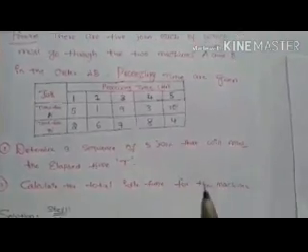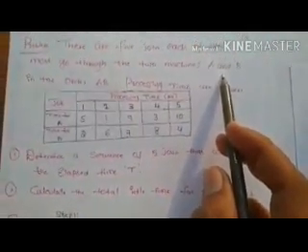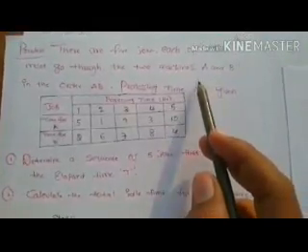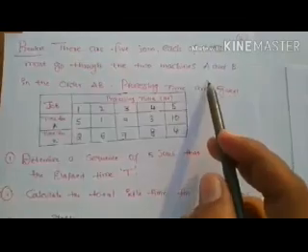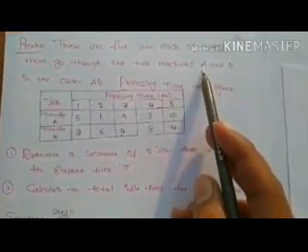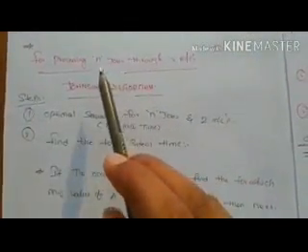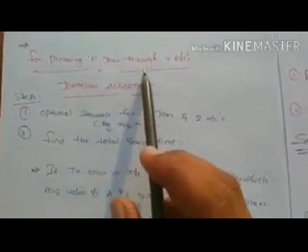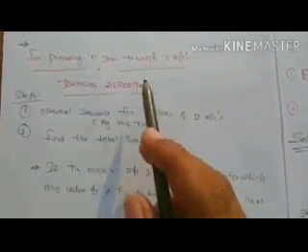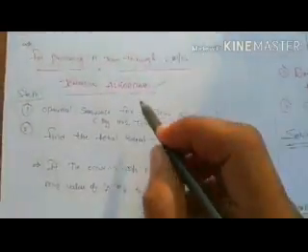Next, the second requirement is to calculate the idle time for each machine. We have the two machines A and B; how much time will be idle for A and B? For solving this type of problem, n jobs through two machines, there is an algorithm called the Johnson algorithm.